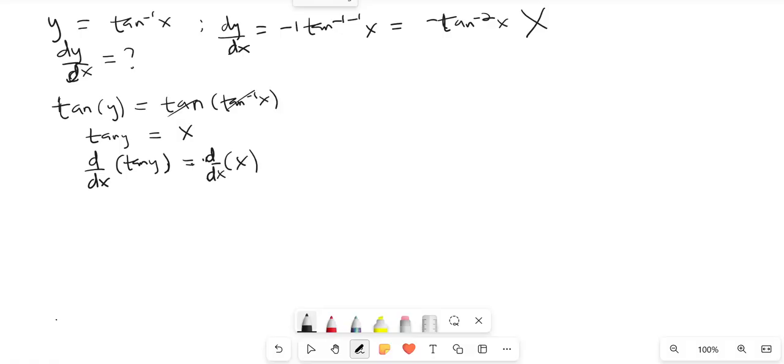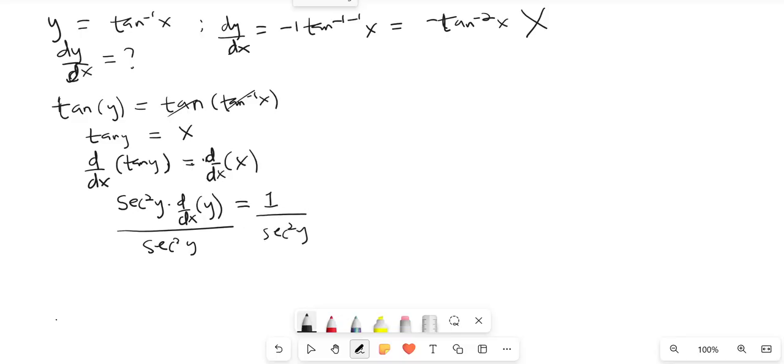So the derivative of tan y, if we differentiate tangent, is secant squared y multiplied by the derivative of y, which is equal to the derivative of x with respect to x, which is just 1. So we can divide both sides by secant square y to isolate our derivative.